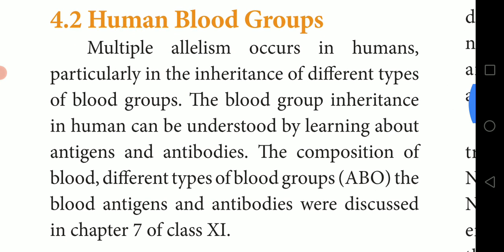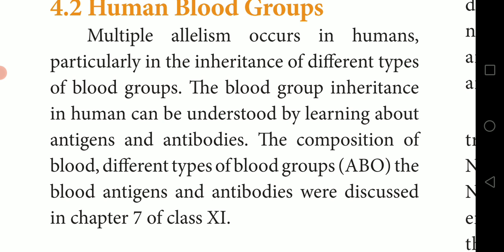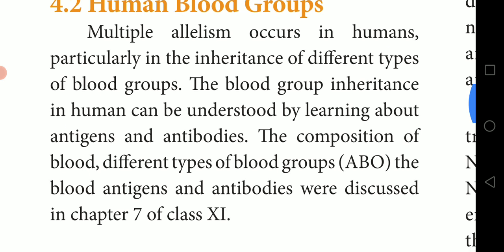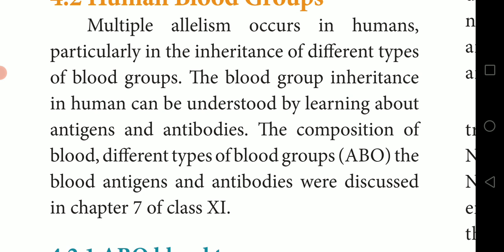The inheritance of blood groups in humans can be understood by learning about antigens and antibodies. The composition of blood, the different types of blood groups, that's ABO.